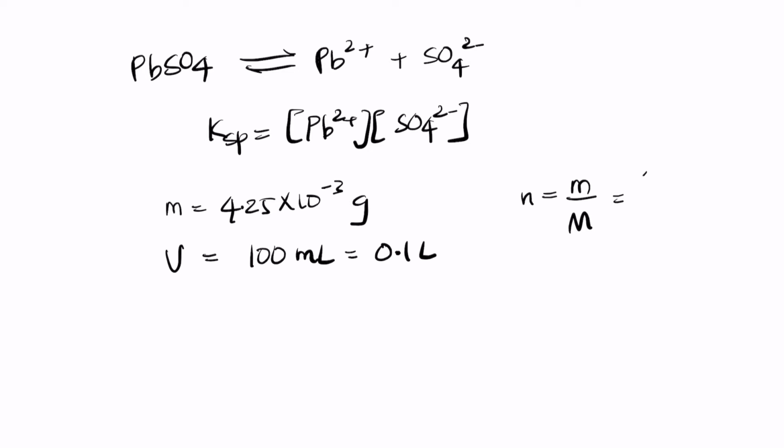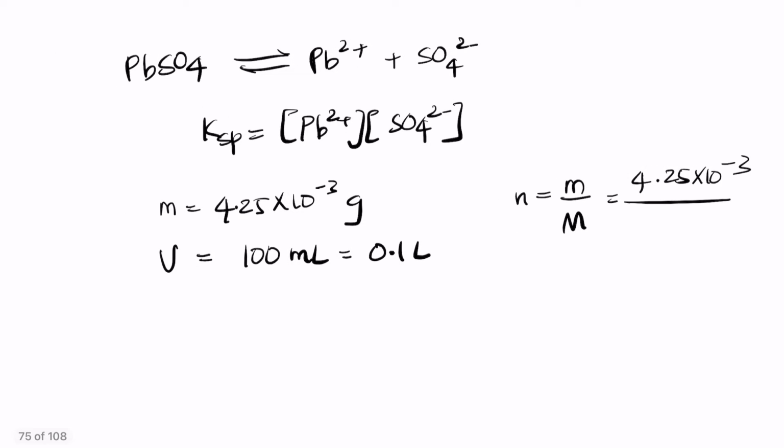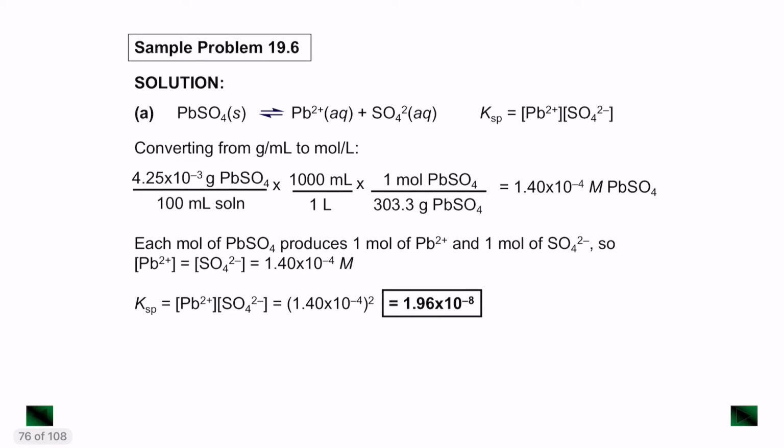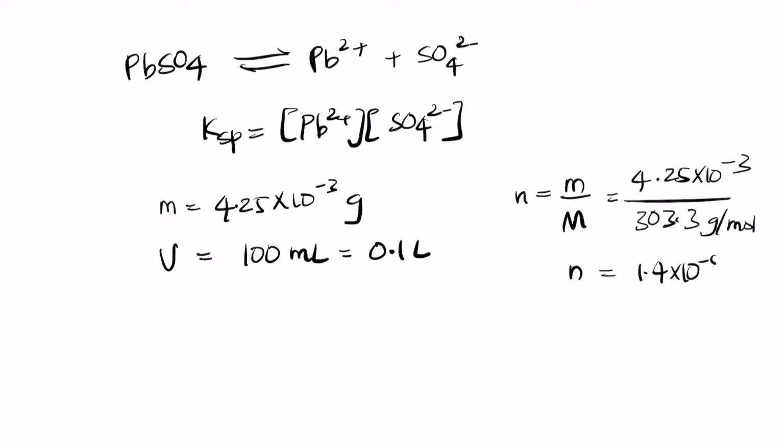We have 4.25 times 10 to the power negative 3 times PbSO4's molar mass, which is 303.3 gram per mole. The number of moles calculated becomes 1.4 times 10 to the power negative 5 mole.